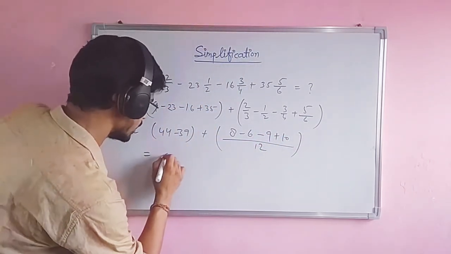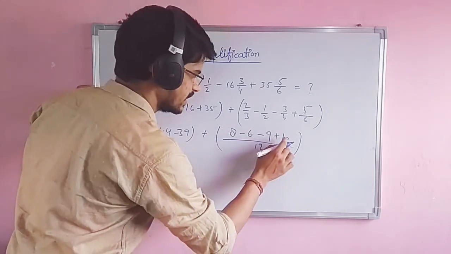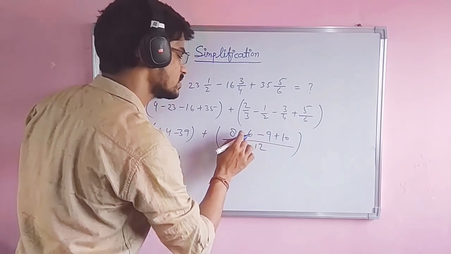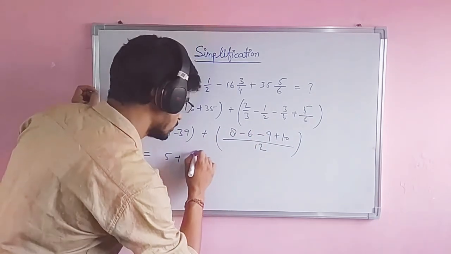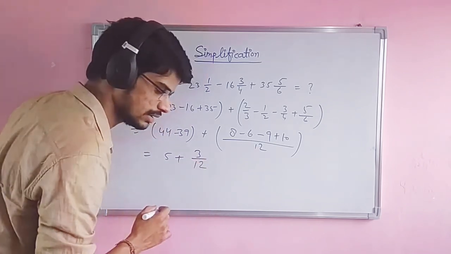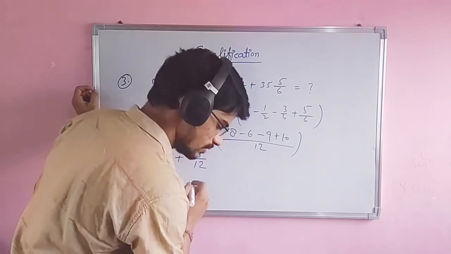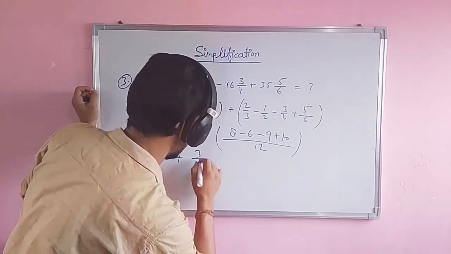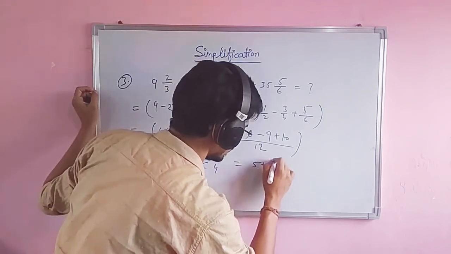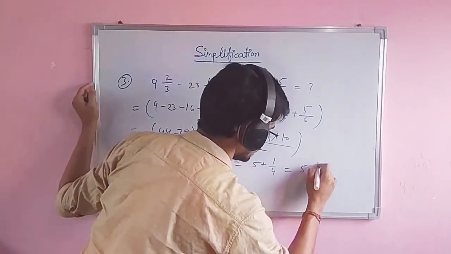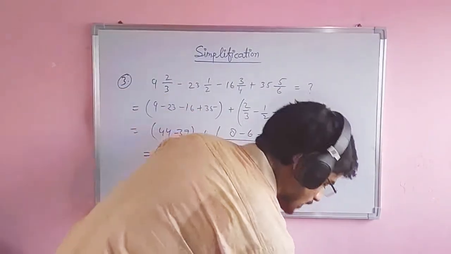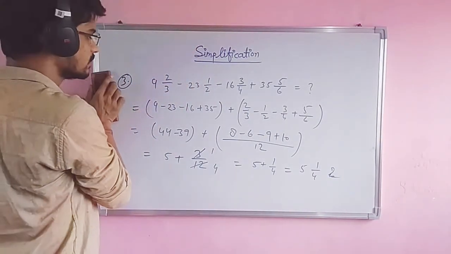Now 8 plus 10 is 18, 18 minus 9 is 9, 9 minus 6 is 3 by 12. We also write it as 1 by 4, that means 5 plus 1 by 4 equals 5 1 by 4 is the answer. Clear? Let's take another example of this one.